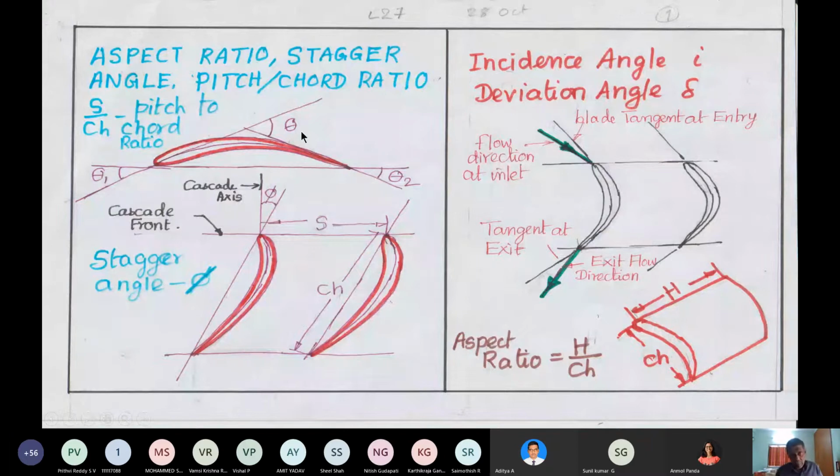Now when you keep it in a turbomachine, maybe a compressor, or in this case what you see is the cascade of a turbine, large angle of deflection, the flow will be accelerated. So the same blade can be kept like this, such that there is an additional angle here, the stagger angle. So the angle between the cascade axis and the chord.